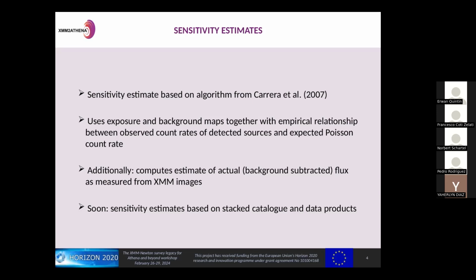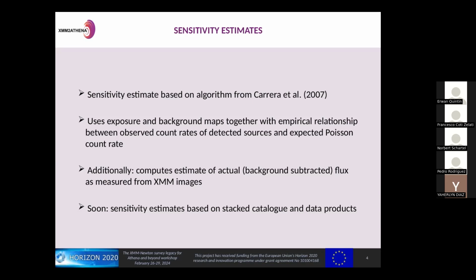It also computes an estimate of the actual background-subtracted flux as measured directly from the XMM images. This is done on the fly, which is obviously going to make it much slower than something where you could access it from a stored database, like the Rapid XMM upper limit server.